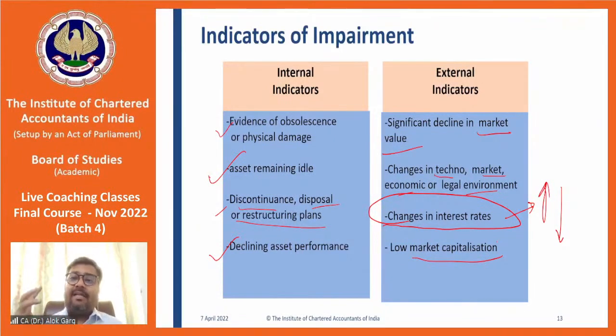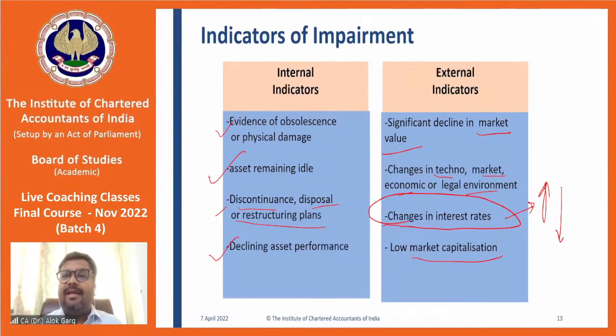So if the market value of a company has gone down significantly, and the market capitalization is lower than the value of the assets, it means the market does not have trust in the business to the extent that the business is having a value of the assets. So it means the assets do not have that kind of synergies.